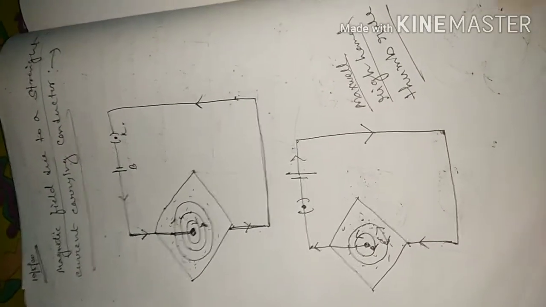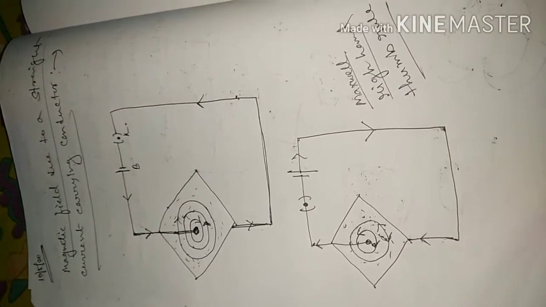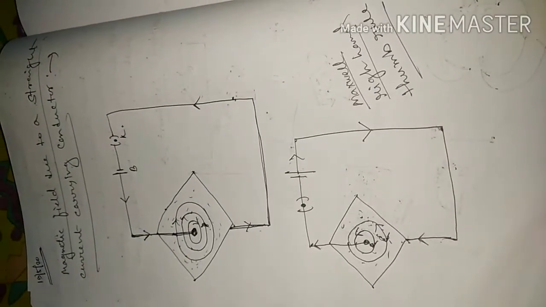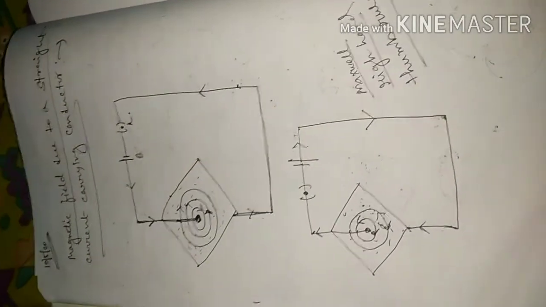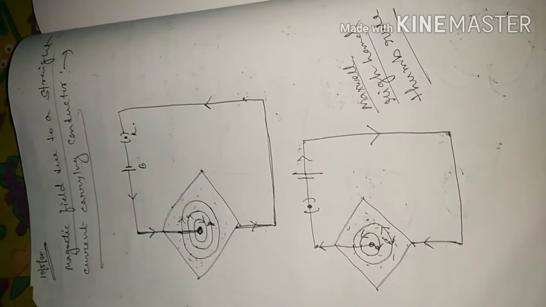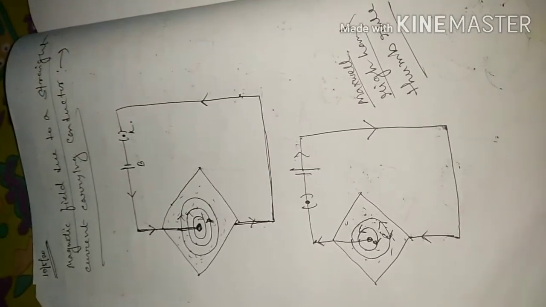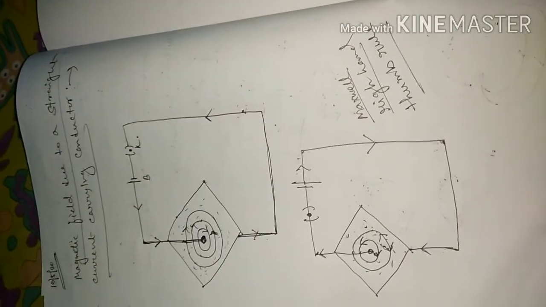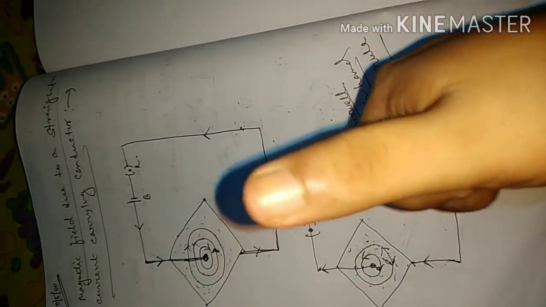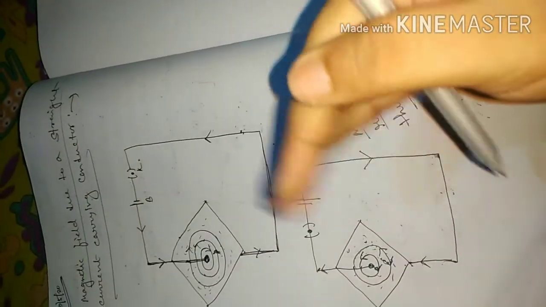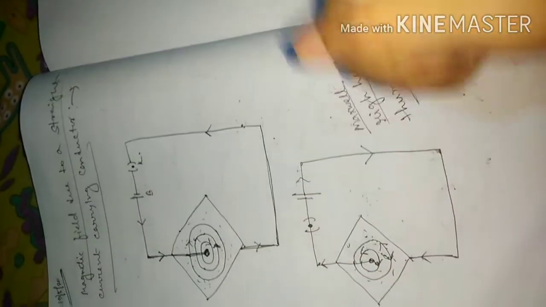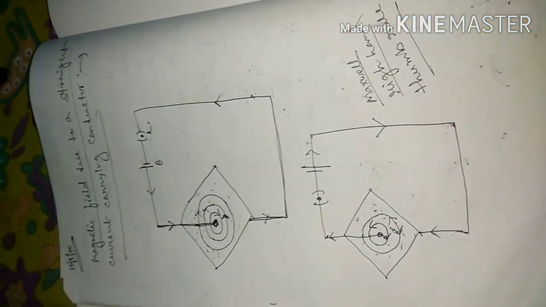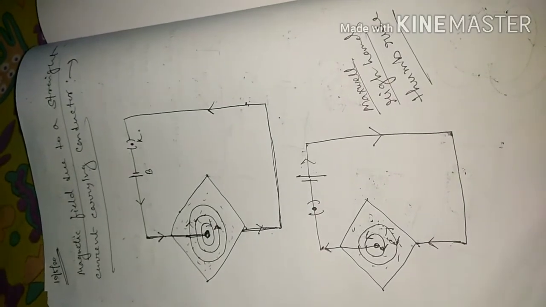That means it is directly proportional to the electric current. And using the Maxwell right hand thumb rule, we can easily find the direction of the magnetic field lines with respect to the direction of the current. The thumb represents the direction of the current, and the direction in which the other four fingers move is the direction of the magnetic field lines.